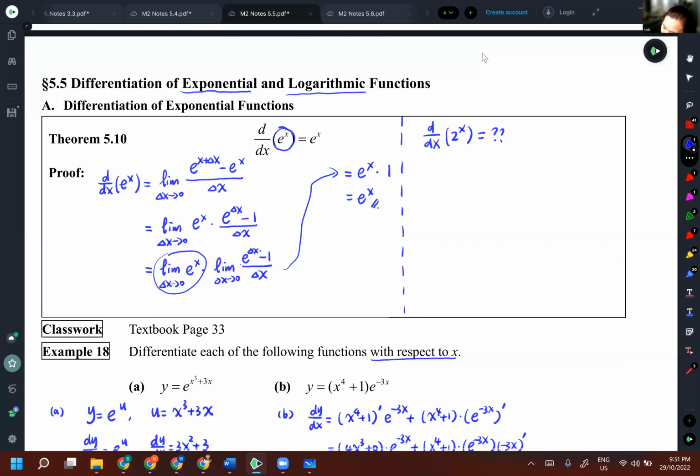Now this is how I change the base to e. Because I know 2 equals e to the power log 2. I'm going to use this identity. Not just 2, I can change any number to the base e.